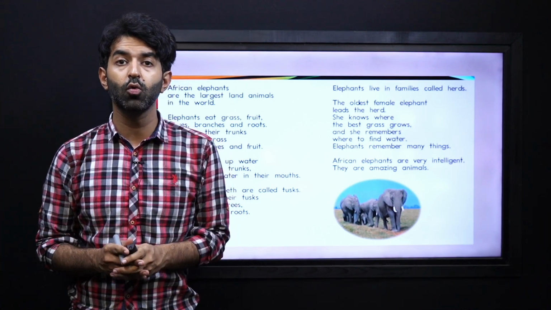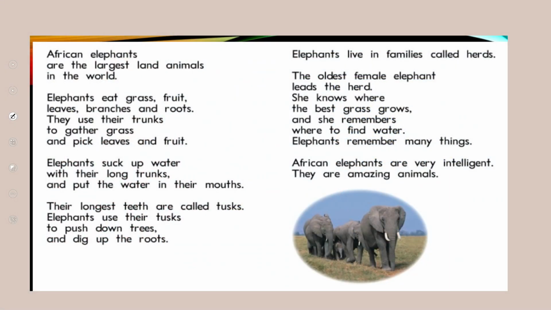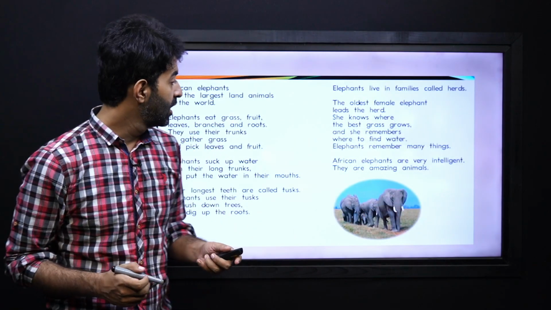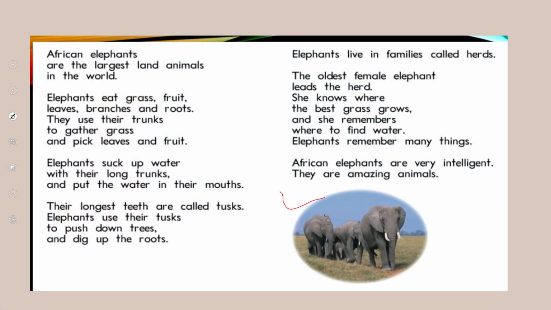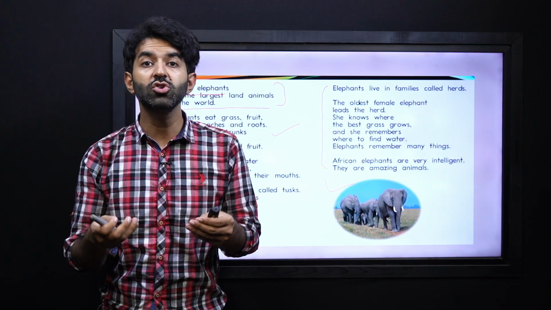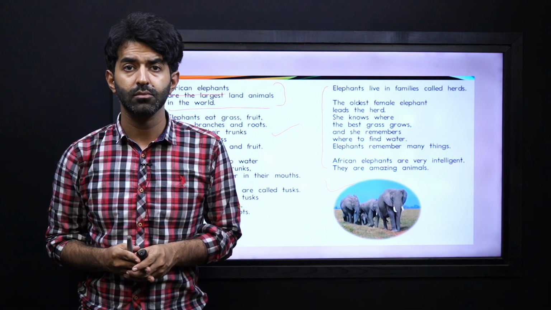Here you can see an information report. Students, can you tell me what it is about? It is about an animal, right? This is an information report which tells you about elephants. African elephants are the largest land animals in the world, and all of these sentences have information about elephants.